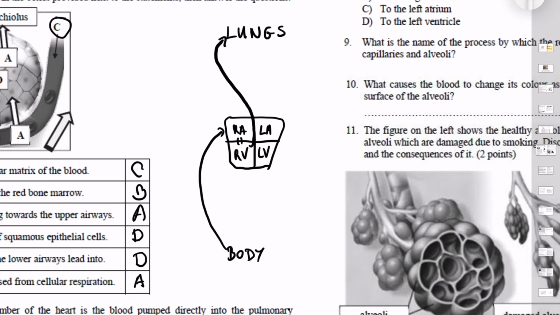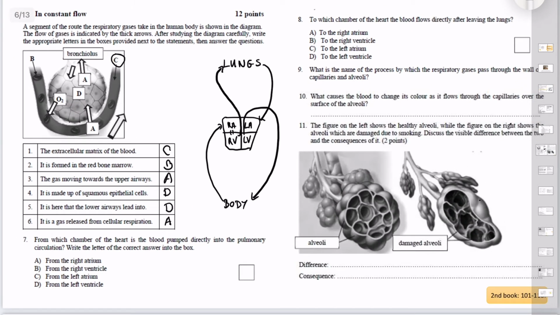Oxygenated blood then will come back to the left atrium through the pulmonary vein, and this oxygenated blood will be pumped to the left ventricle, from where, through the aorta, this blood goes towards the body cells. So knowing these, and going back to the 7th question, which is asking basically this pathway, we can simply say that the right ventricle is going to be the good answer here.